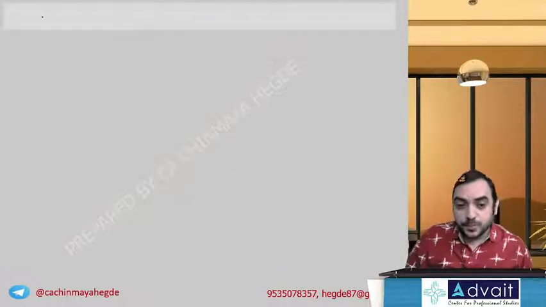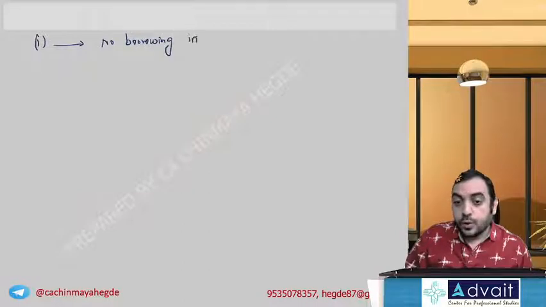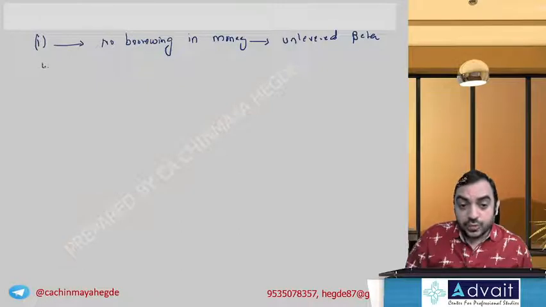In part 1, we had no borrowing in money, therefore it was unlevered beta. In the second, we had borrowing in money.